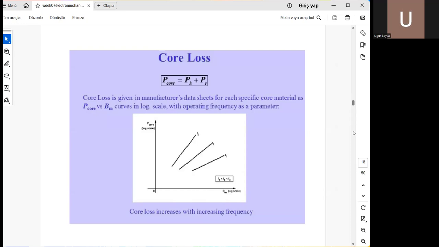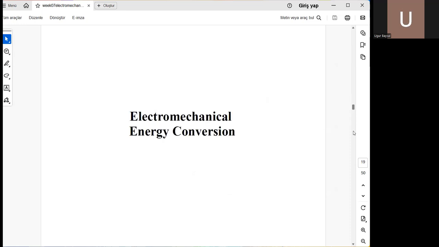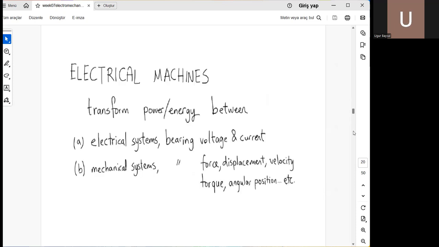These two things, hysteresis and eddy current losses, contribute to the so-called core loss of the material. Let's come back to idealized electromechanical energy conversion, and after that we will add these loss mechanisms as well. But fortunately, total losses usually count less than 5 or 10% of the general power rating of the material if it's designed in a proper way.